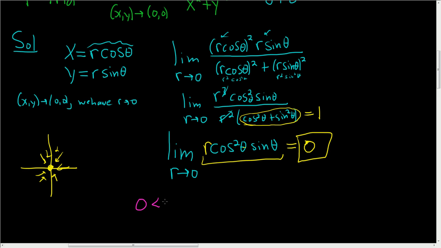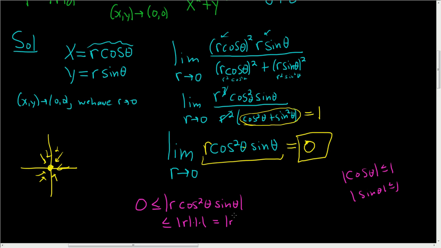If you notice, this is greater than or equal to 0, a little bit terse here, and both sine and cosine are bounded by 1. In other words, the absolute value of cosine theta is less than or equal to 1, and so is the absolute value of sine theta. So this is less than or equal to the absolute value of r times 1, which is the absolute value of r.